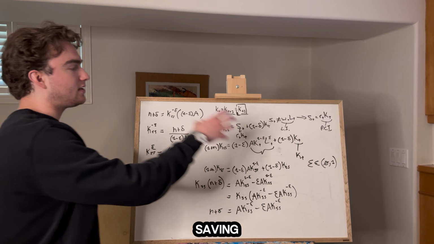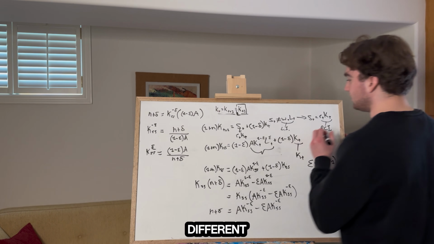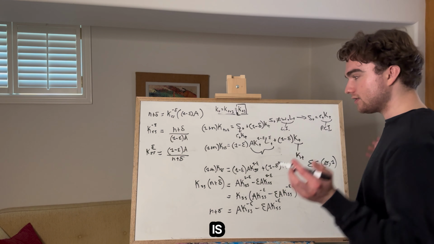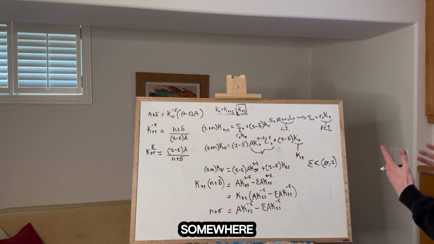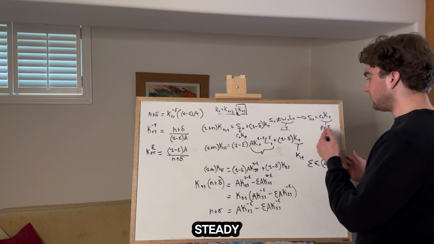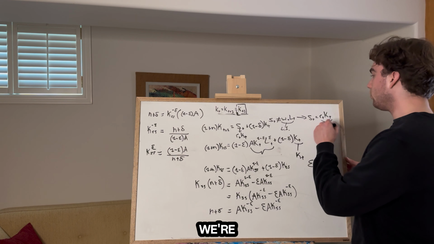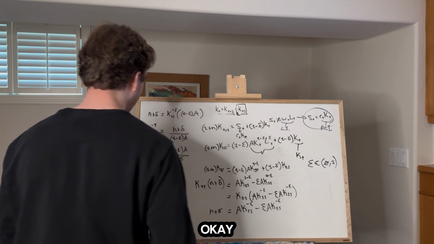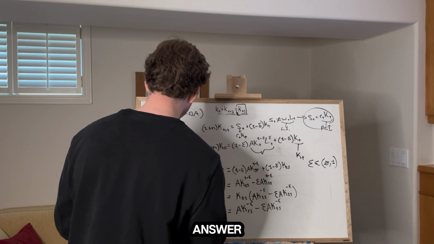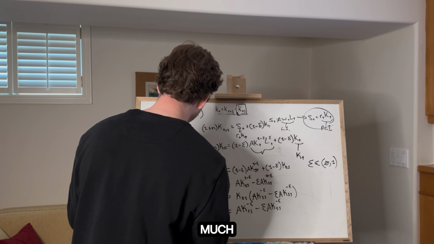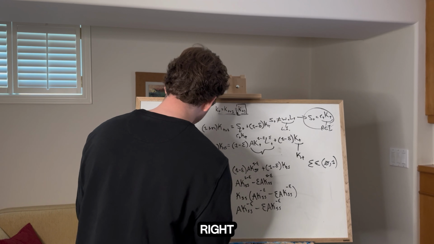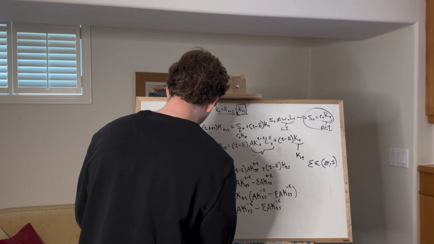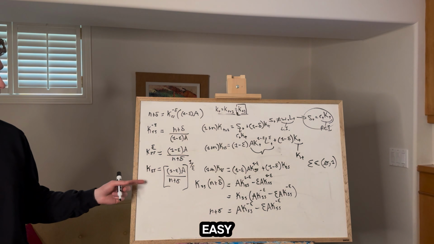We're just saving in a different thing completely and utterly, which is not realistic for an economy. It'd be somewhere in the middle, but in this steady state, we're now saving in this. So this makes perfect sense, okay? Your final answer looks so much like what we just solved, right? So you know you did it right. It's that easy.